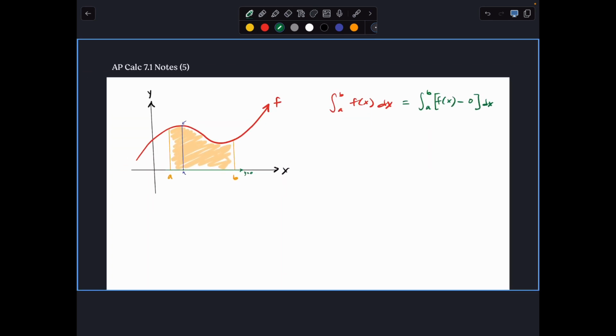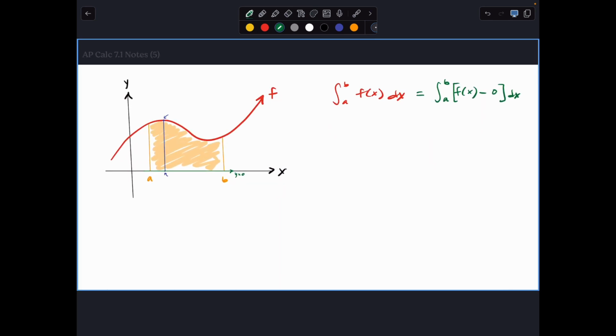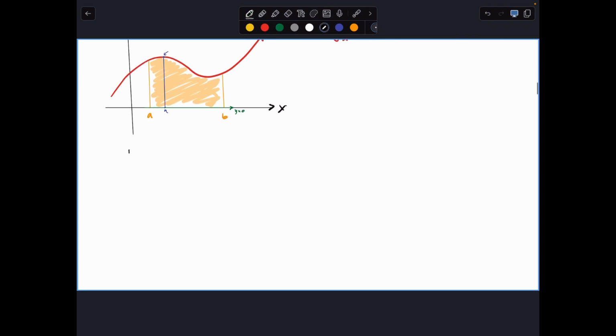Okay. Now, if we had a function that dipped below the x-axis, so let's say it looked maybe something like this, and we wanted to calculate the area. Area is always positive, right?